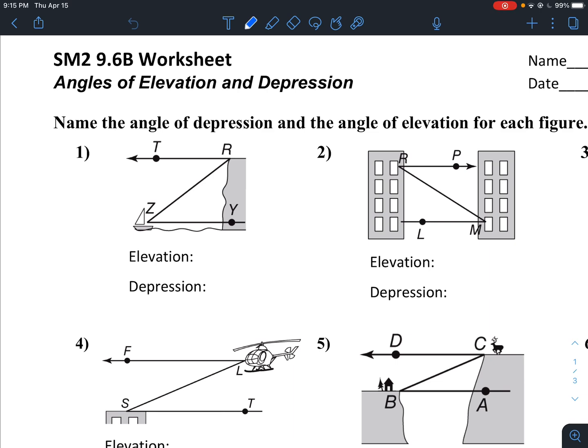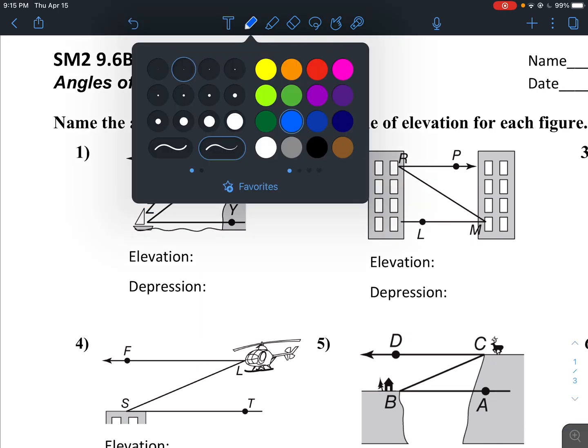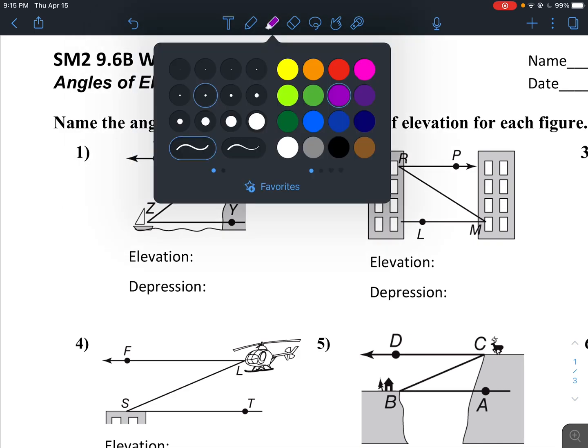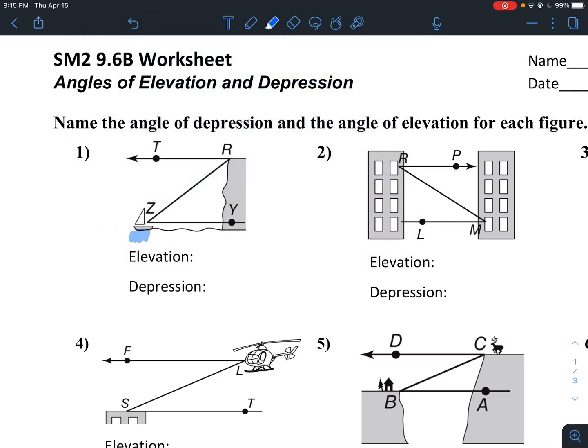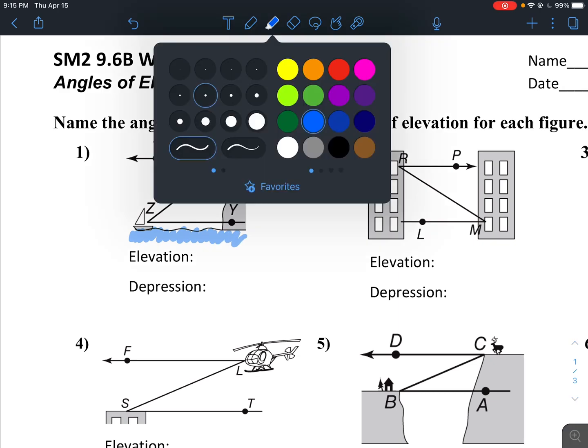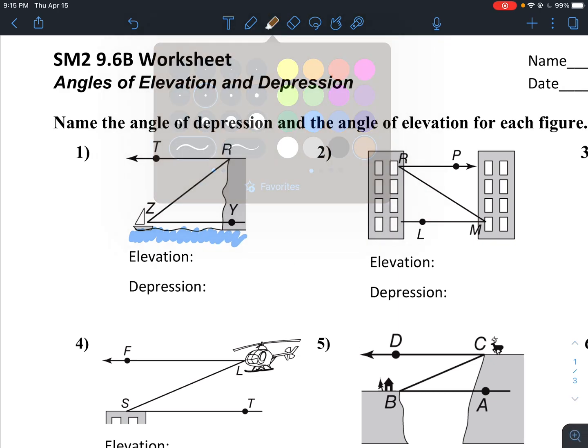You can see in this figure that we have this boat, and this boat is on top of the water, away from this cliff, a rock cliff or something like that.